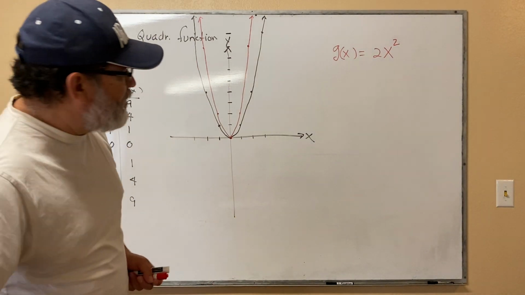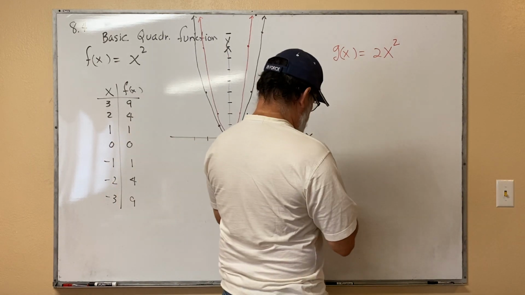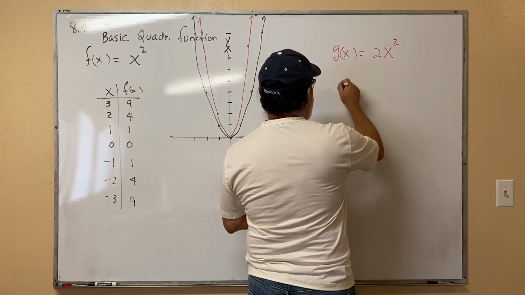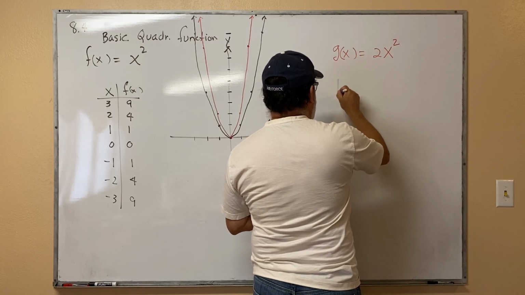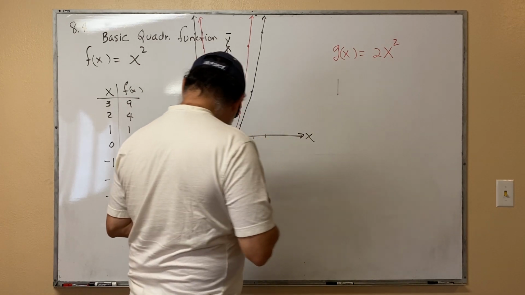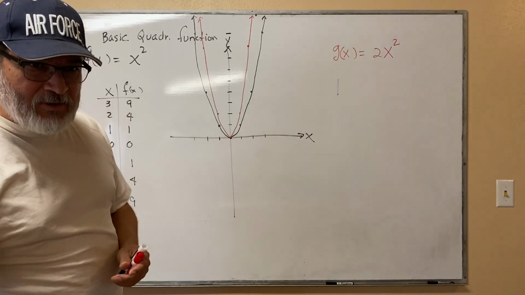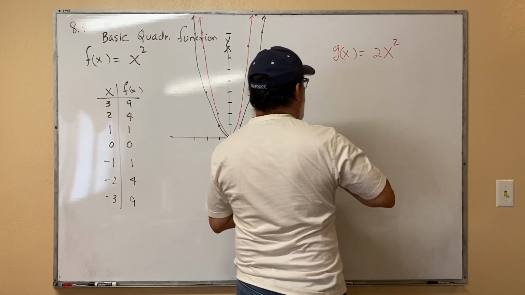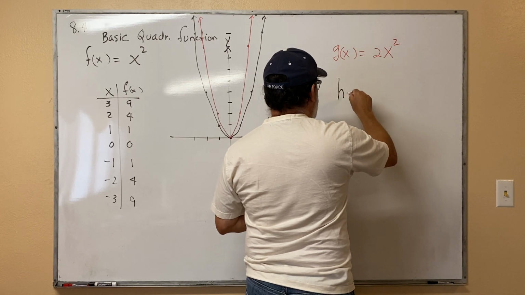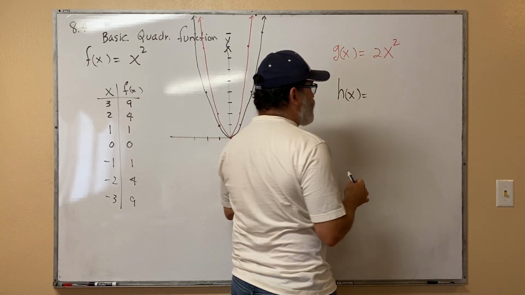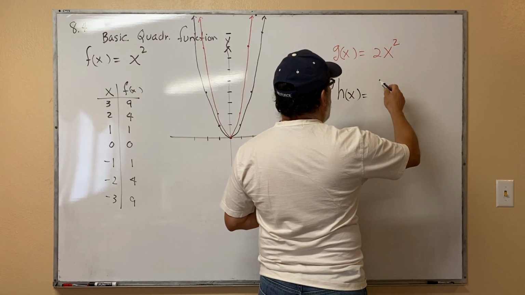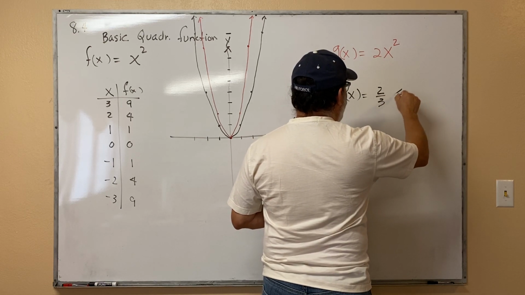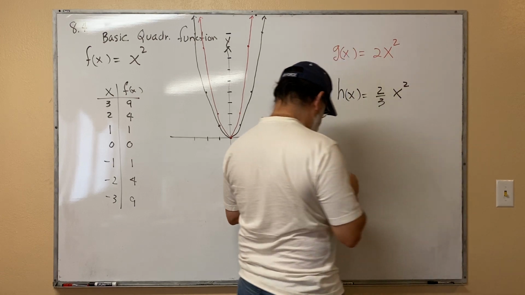Let's do this one, look. Let me call this one h of x. No blue, I don't have it, so I gotta do it in black. h of x equals 2/3 x squared.